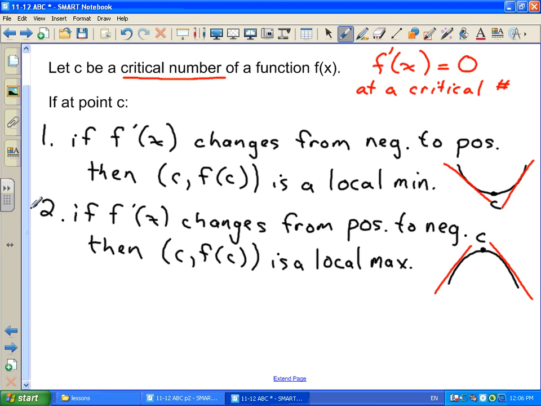Now, it's possible that at point c, the sign of the derivative, or the slope of the tangent, doesn't change sign at all. That's our third possibility.